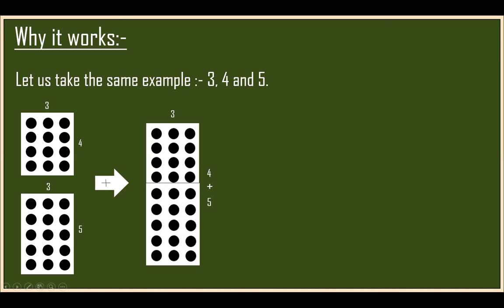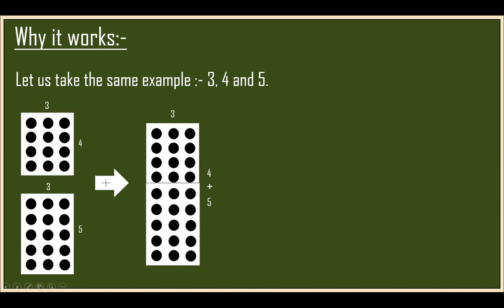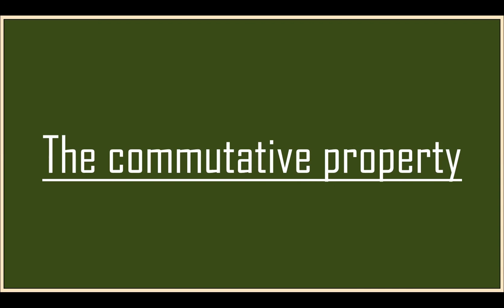On the other hand, the two longer sides become even longer. Since the first longer one is 4 and the second is 5, the total becomes 9. So it becomes 3 times 9, the number of dots over here. That's why the distributive property works. If you have any doubts, you can ask in the comment section.